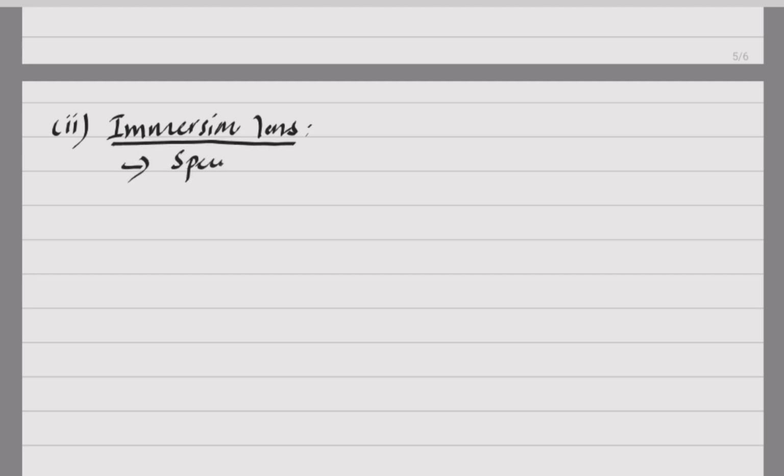Secondly, we will discuss the immersion lens. In the immersion lens, the specimen is placed inside the bore of the objective lens.